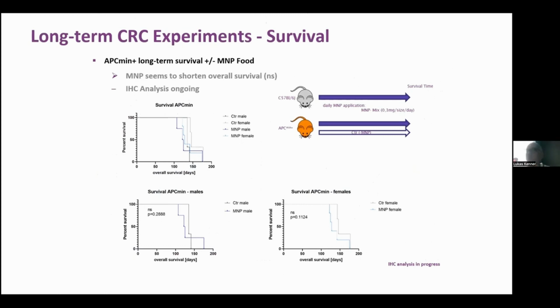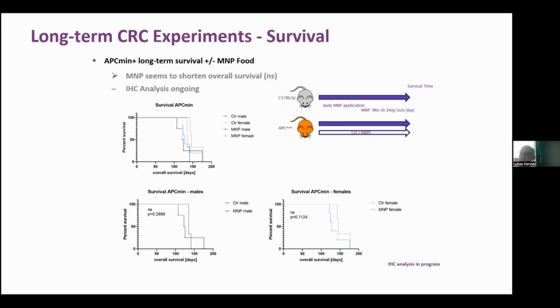Because the title was about the colon cancer model, we have some preliminary data on that experiment. The problem was that firstly we only got the animal license a couple of months ago, so we could only start with some experiments, and secondly we give these particles in the food, not by oral gavage.